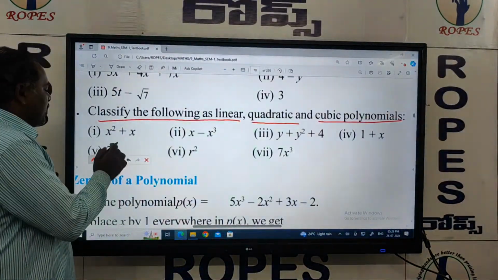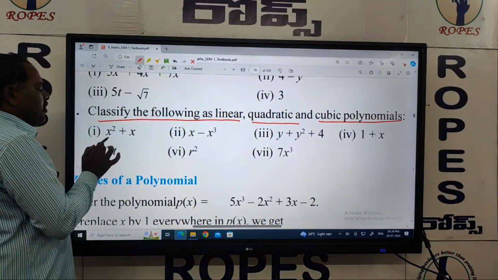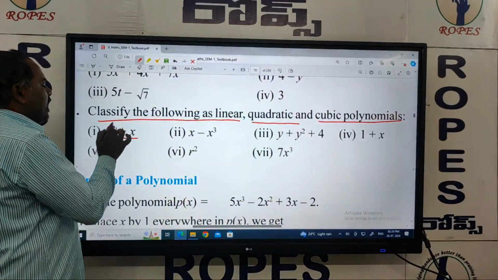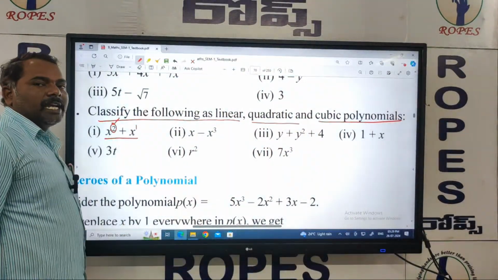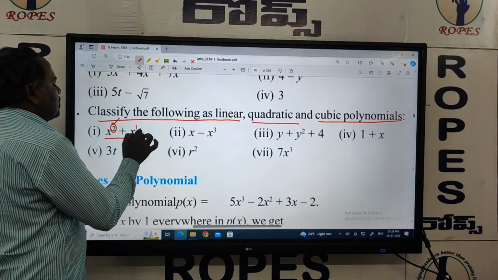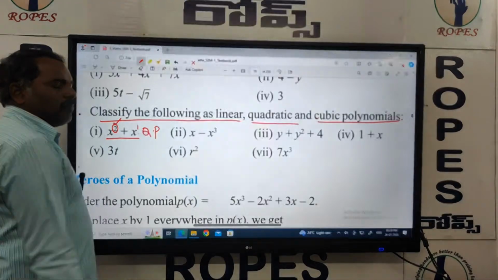Now here, in the first one they gave x square and x power 1. It has highest degree 2, so we can write it as a quadratic polynomial. In the second one, the highest degree is 3, so we write cubic polynomial. In the third one, the highest degree is 2, so it is a quadratic polynomial.